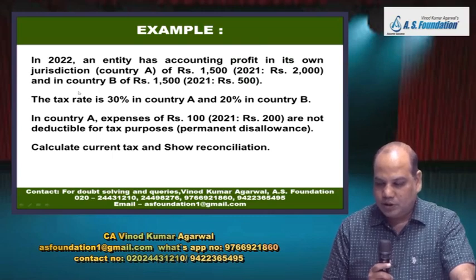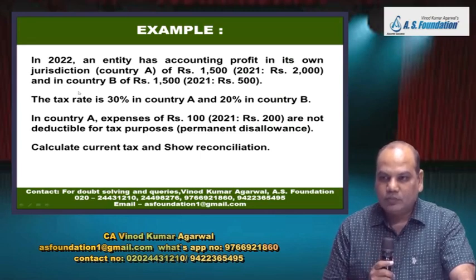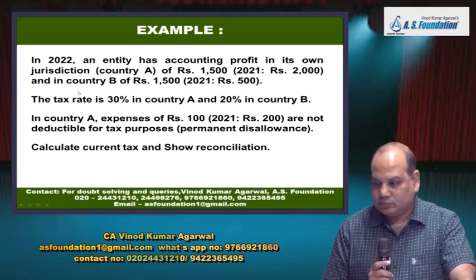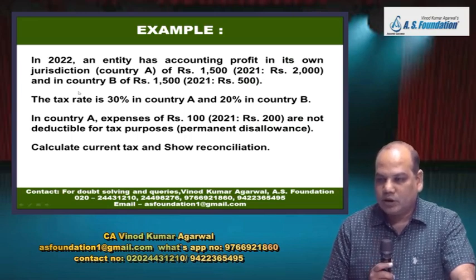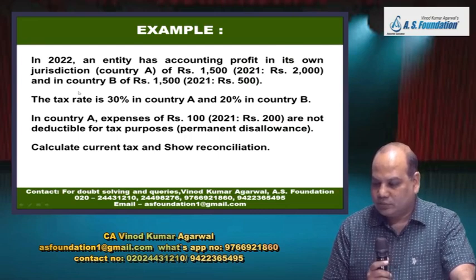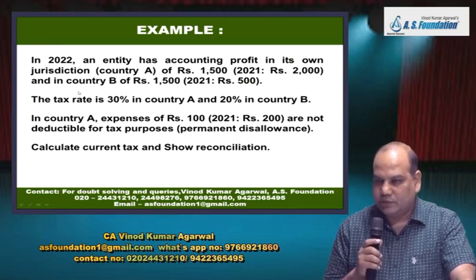And in country B, of rupees 1500. In bracket write year 2021, rupees 500.